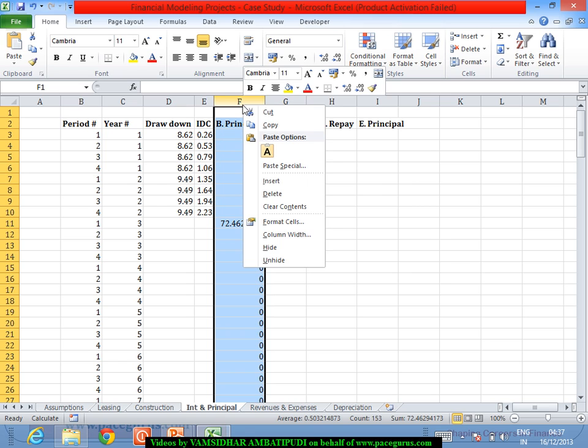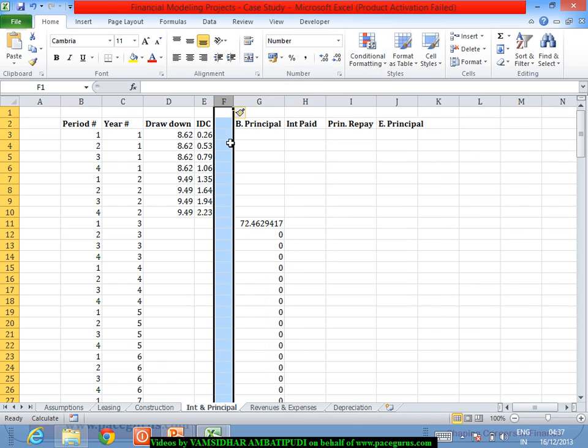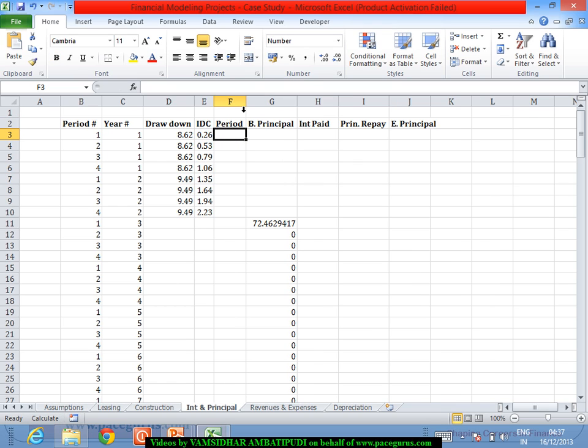Alright, so for that it's better that we create one more column saying period. So in this period, what I would try to write out is, based on the year, I will do the classification.